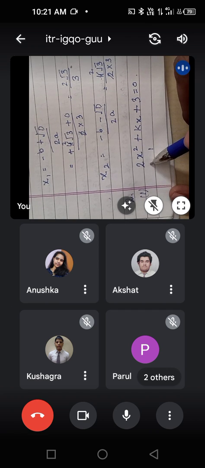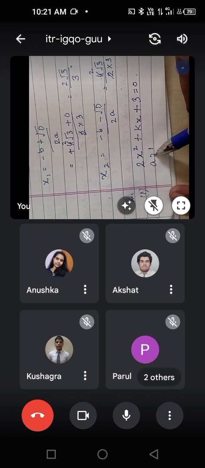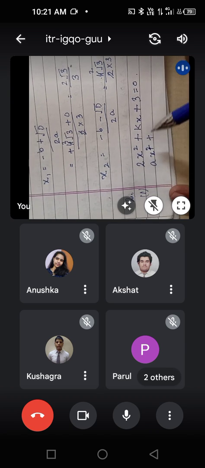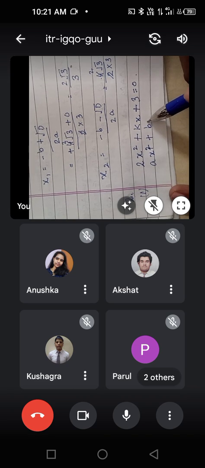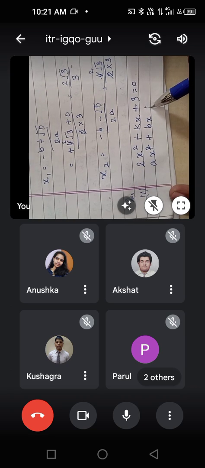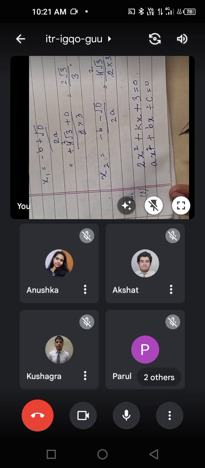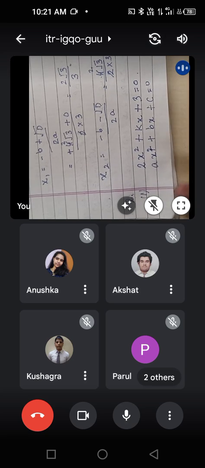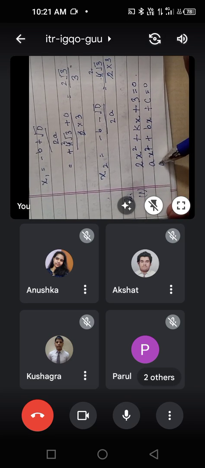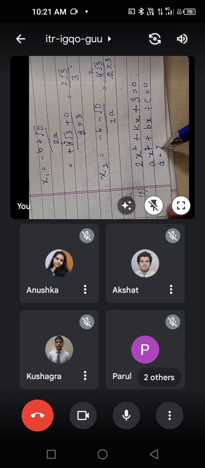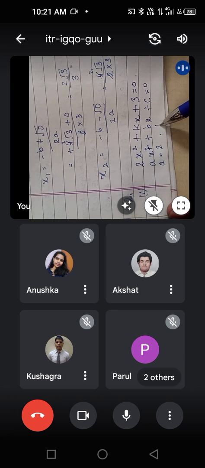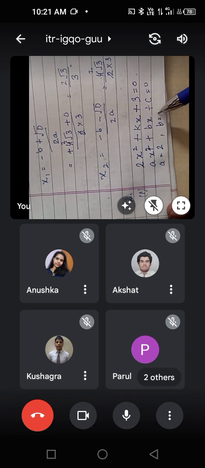You know, the standard equation is ax square plus bx plus c is equal to 0. So if you compare this, you will get a is equal to 2, b is equal to k, and c is equal to 3.